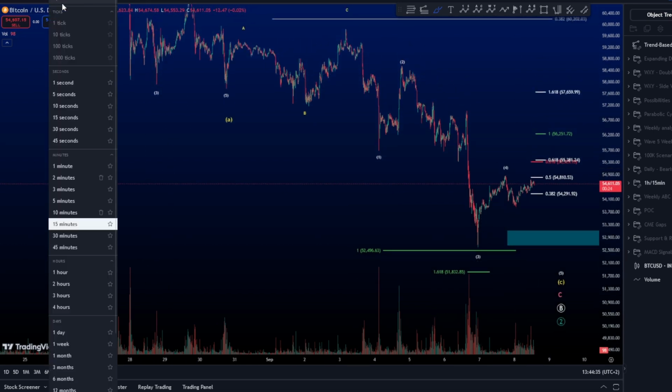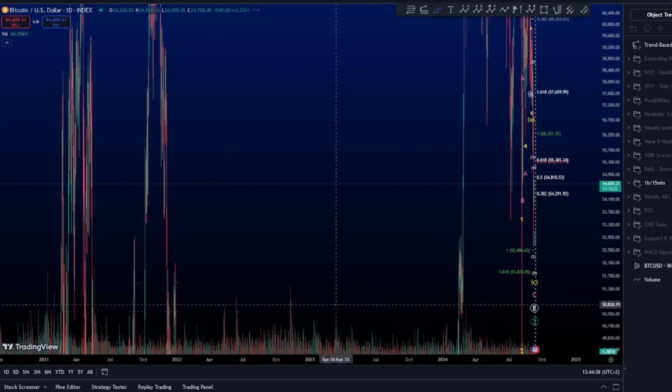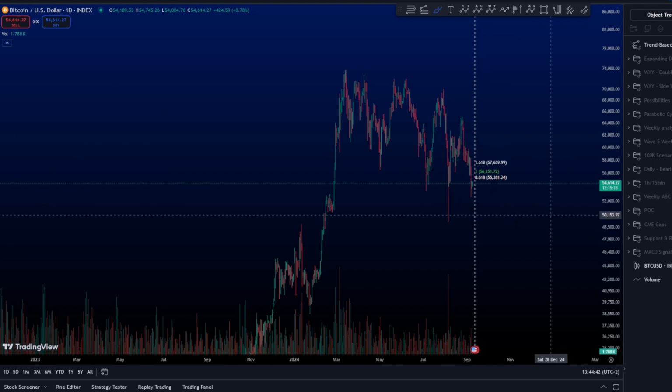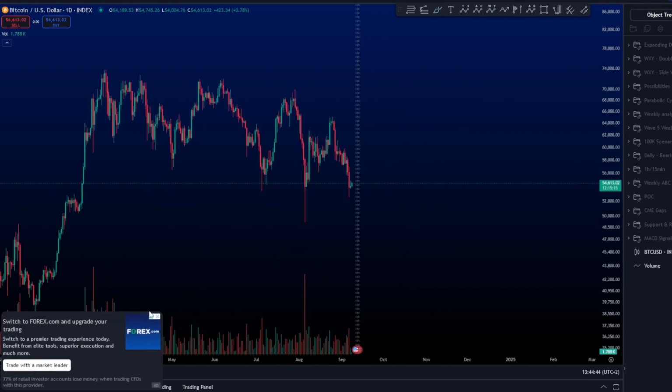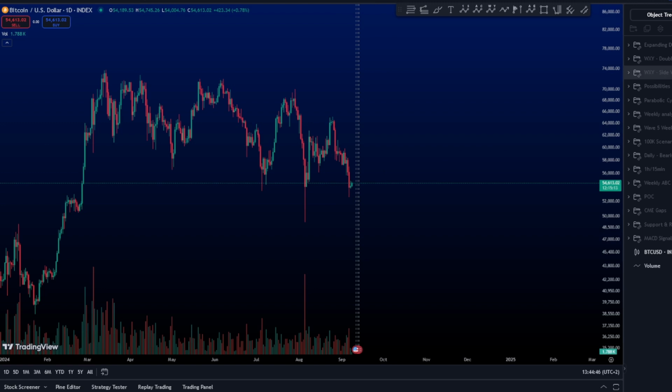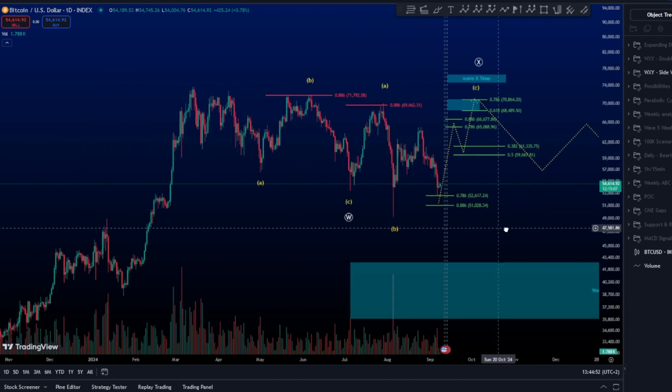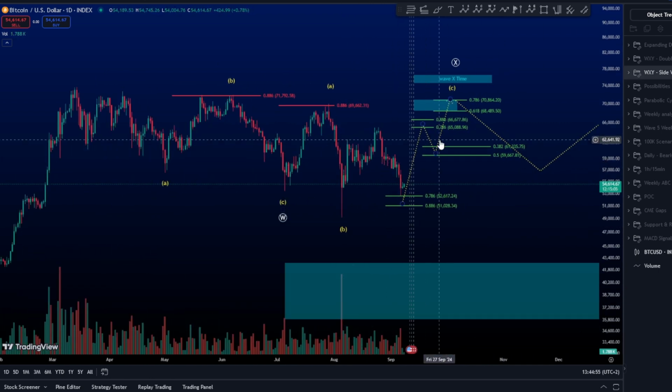Now looking at the daily, we want to come back a little bit to our scenarios from yesterday about the sideways. If that is the case, what we are looking for is higher prices, right?